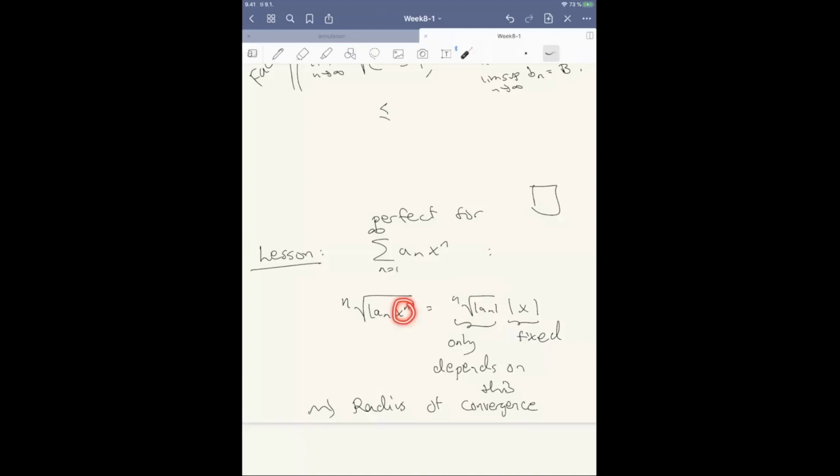And you get the nth root of the absolute value of x to the n, but this is the absolute value of x. So the behavior of this is controlled by the behavior of that, up to a factor multiplying by a constant. And when we're doing the convergence analysis, we are fixing x in a certain interval. So if we have the root test, the convergence of power series is really based on this first estimate.